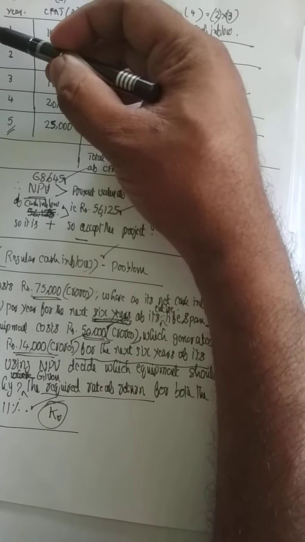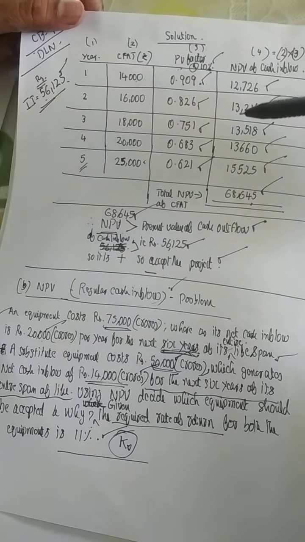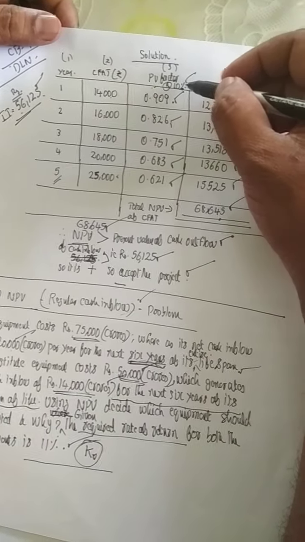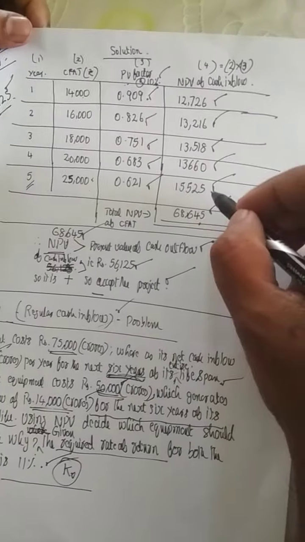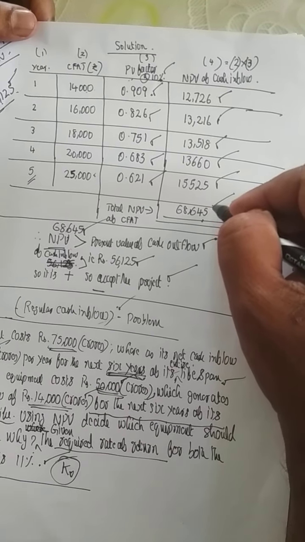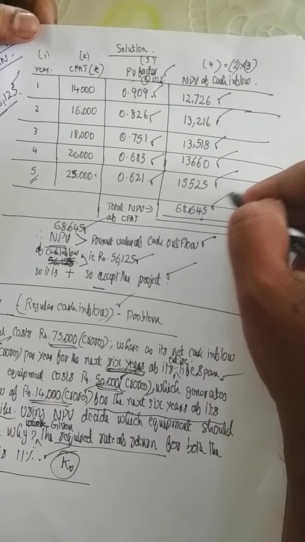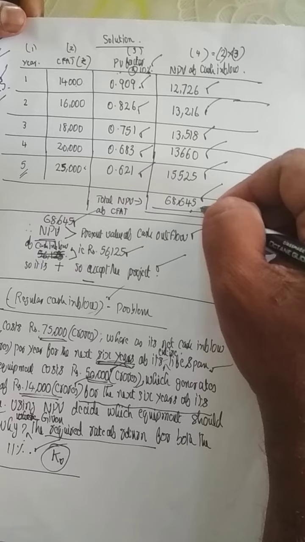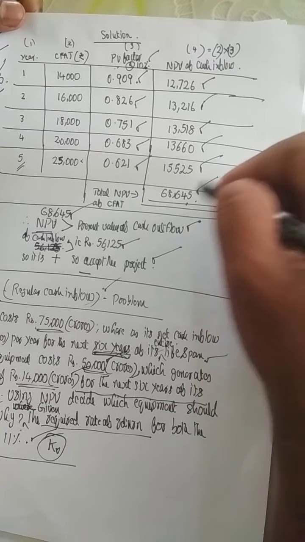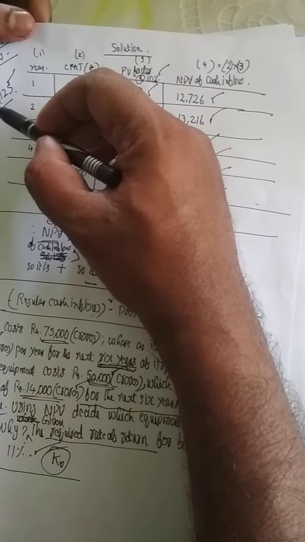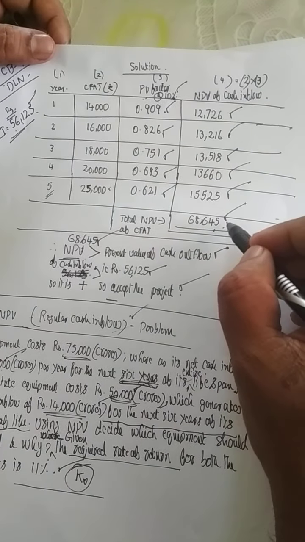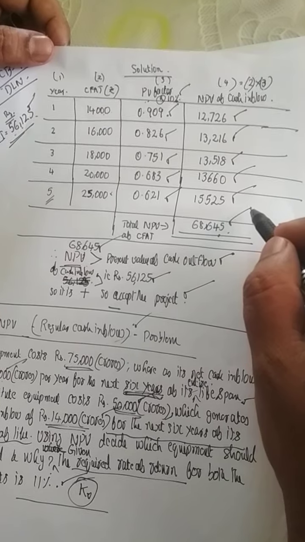The initial investment was 56,125, and by taking the discounting factor at 10%, that is the cost of capital, we got the present value of cash inflow, or CFAT, as 68,645. So investing 56,125 as initial capital outlay, we got the return of 68,645.